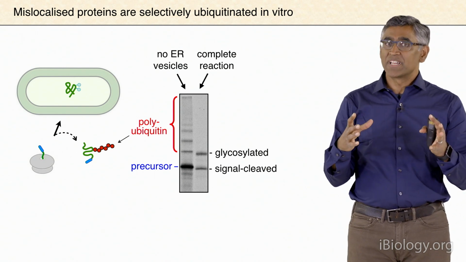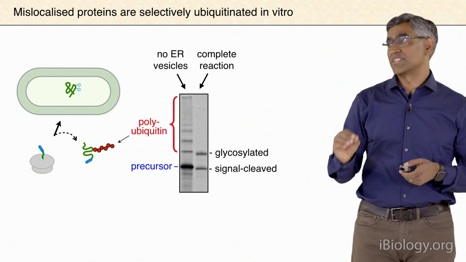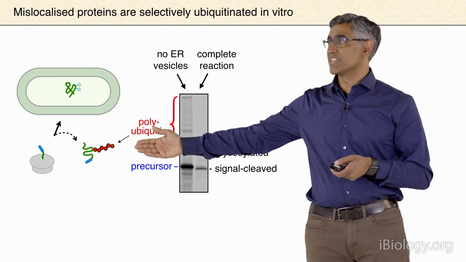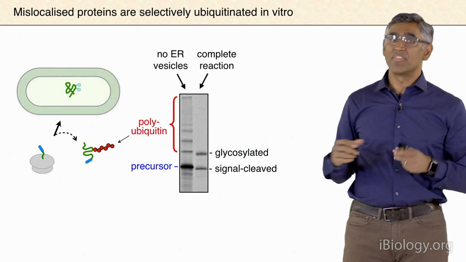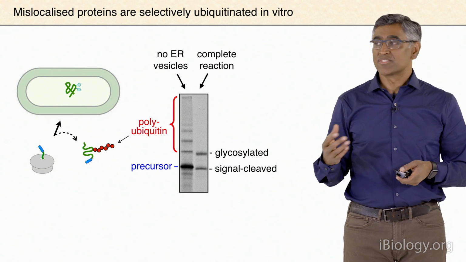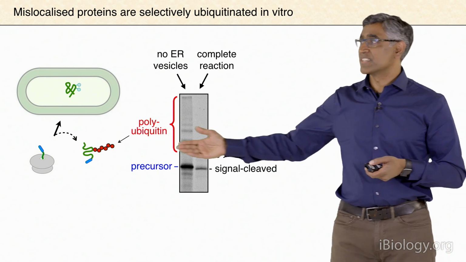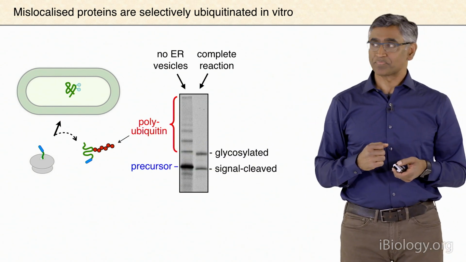So we reasoned that even though degradation is not occurring, the part that we're really interested in, which is recognition of this as an aberrant product that needs to be marked for degradation, that step was occurring reasonably well in this in vitro system. So we could then ask, what is it that's recognizing these products to mark them with ubiquitin?